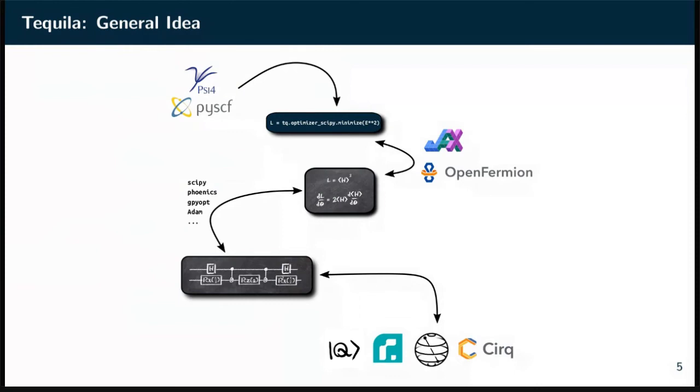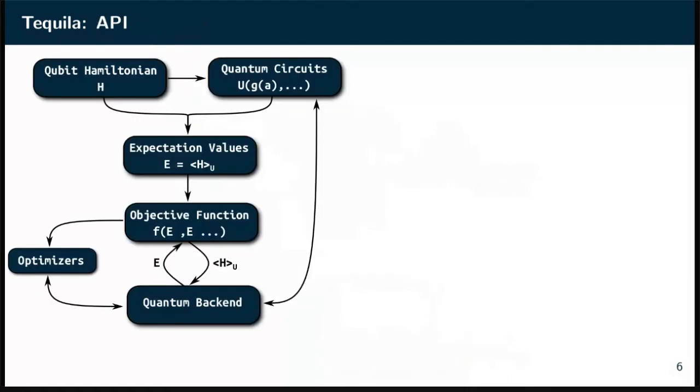And now a little bit of detail on how the interface in Tequila looks. You're more or less operating on abstract data structures, which are presented here. You define something like a qubit Hamiltonian, which you can, for example, get from OpenFermion, but you can also define it abstractly, if you already know how it looks in terms of these Pauli operators.